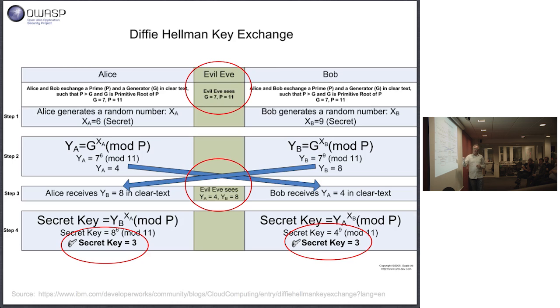And the important thing is that just by observing these values here and these values here, you cannot recreate the secrets that we're using here, and thereby you cannot generate the master secret. So this is really, really smart. Thank you, Diffie-Hellman.